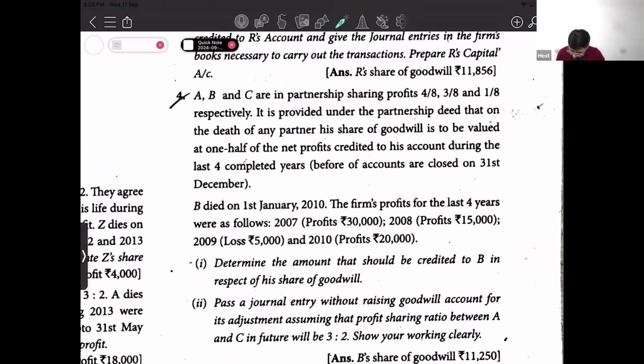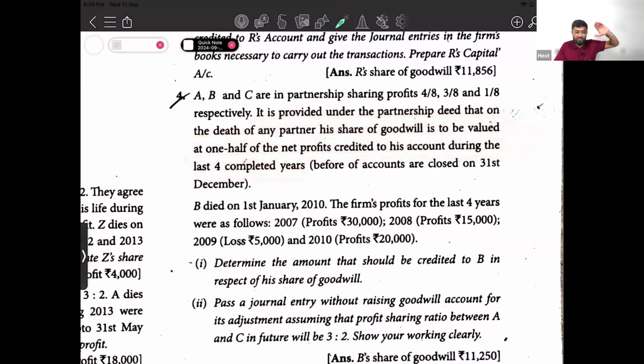It is provided under the partnership deed that on the death of any partner, his share of goodwill is to be valued at 1/2 of the net profits credited to his account during the last 4 completed years.